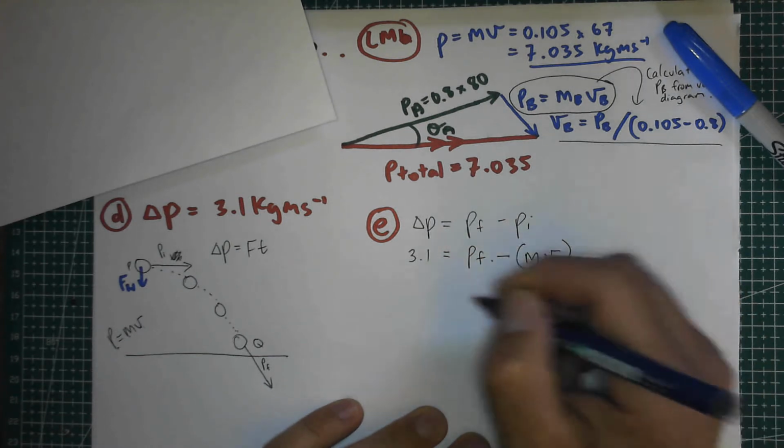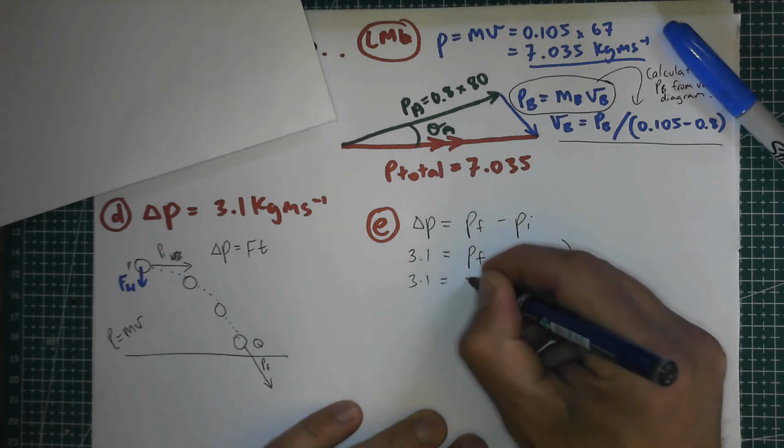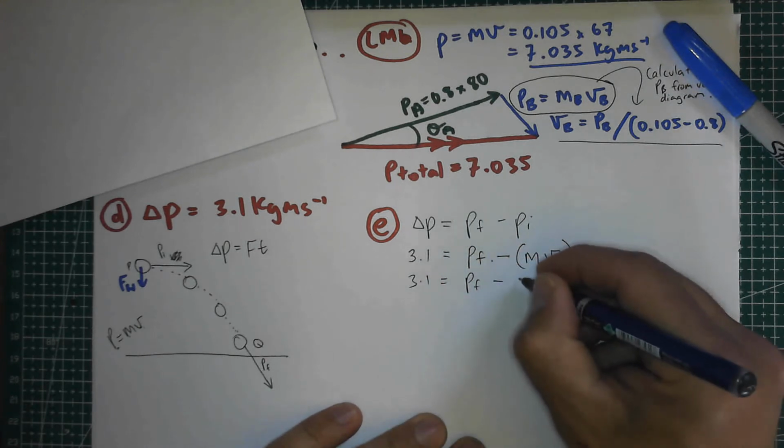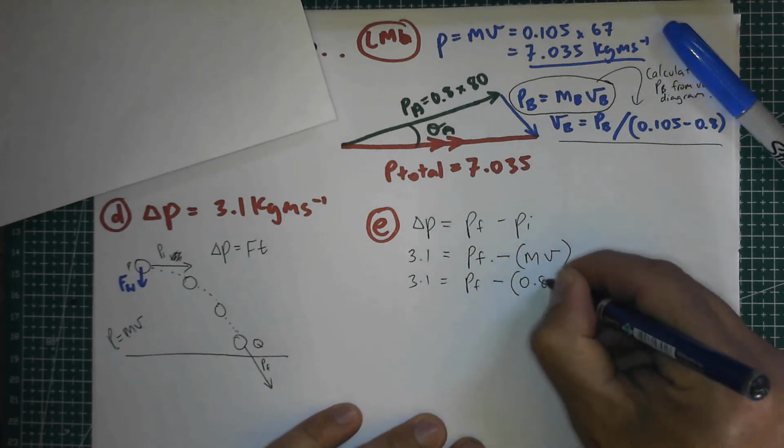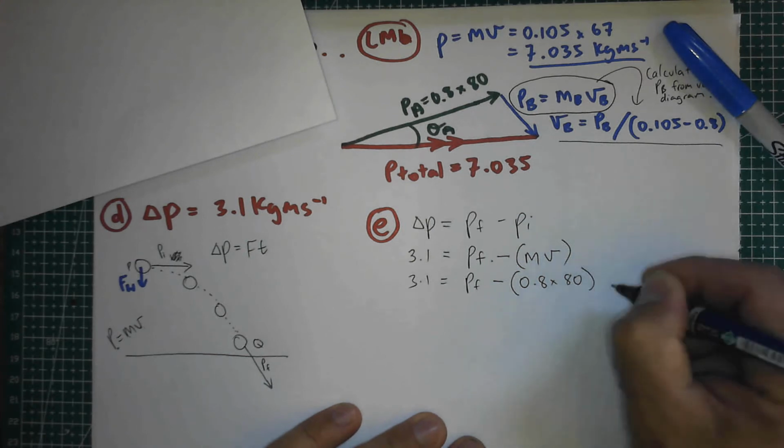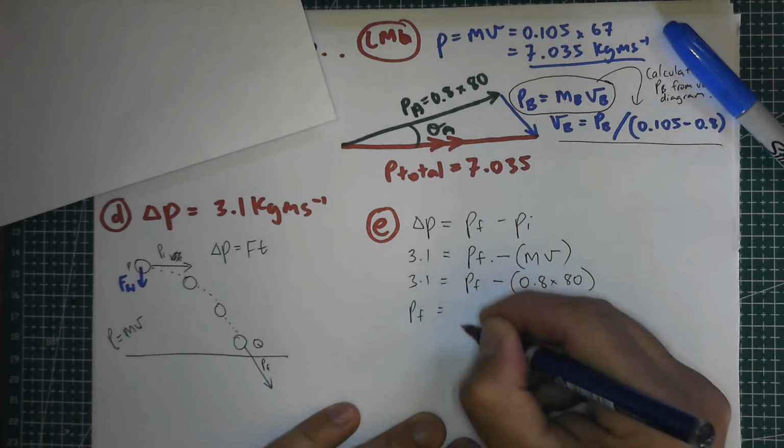So, 3.1 equals P final minus the mass, 0.8 times 80. Cool, and then do some rearranging here.